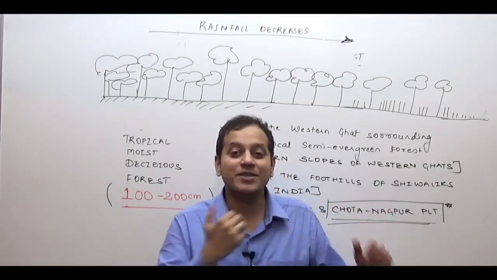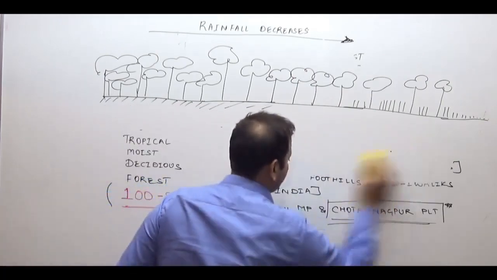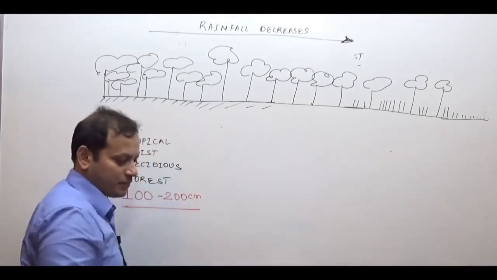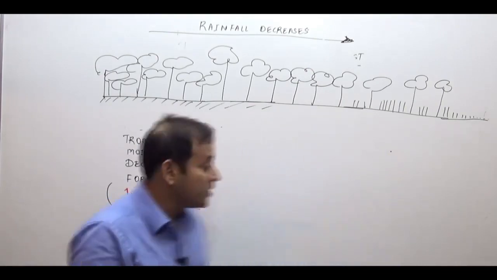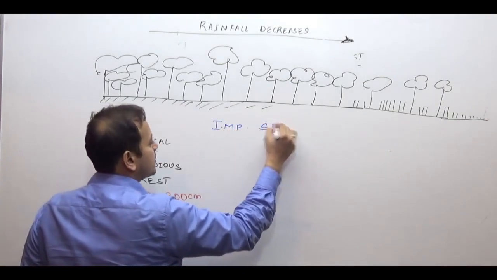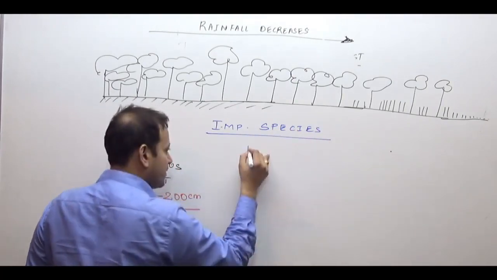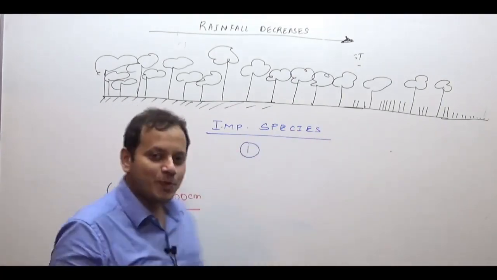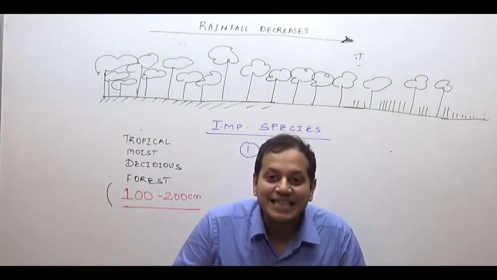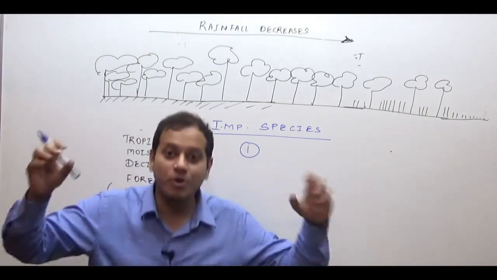Because let us look at the species which are found here. The most important species, the commercially most valuable species, is the teak.